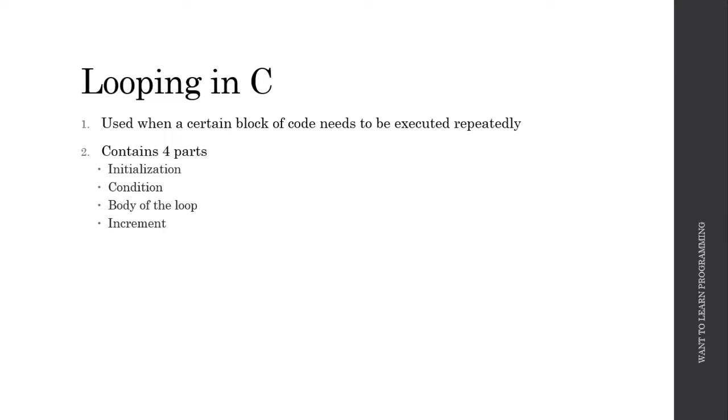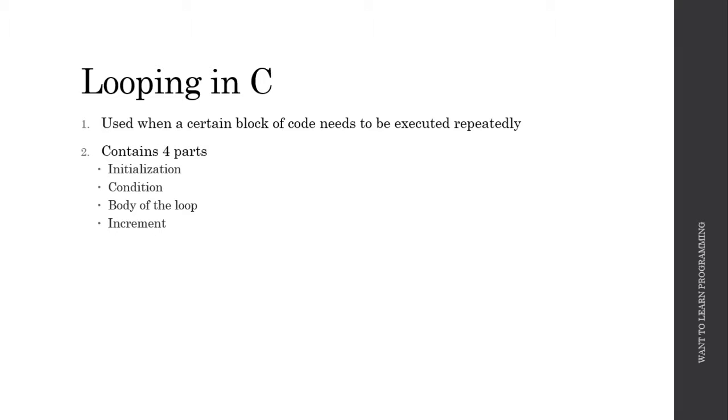How looping works is, first we initialize a variable, then on condition whether the variable is greater than or smaller than or equal to a certain other variable or number, we run the loop again and again. That is, we run the body of the loop and then finally we increment the value of the initialized value. Then we match with the condition again, and if the condition is true, then we run the loop again. So similarly, the looping is done in C.